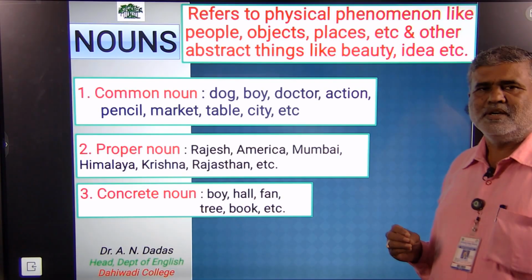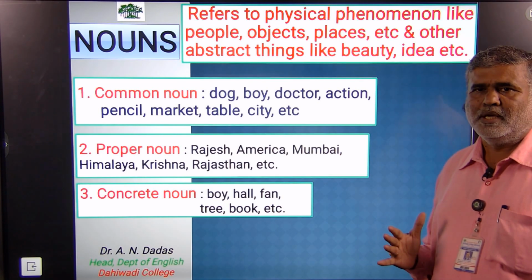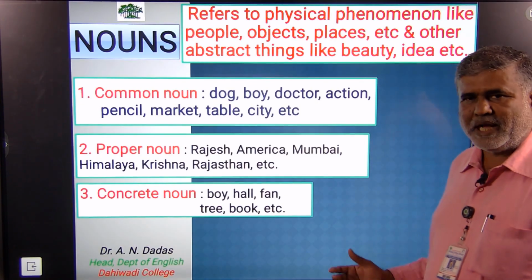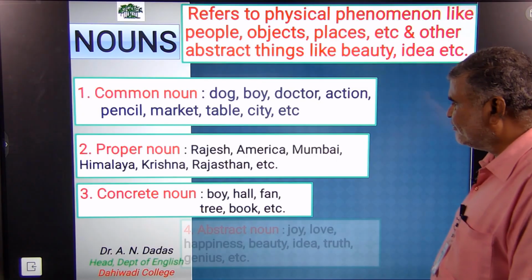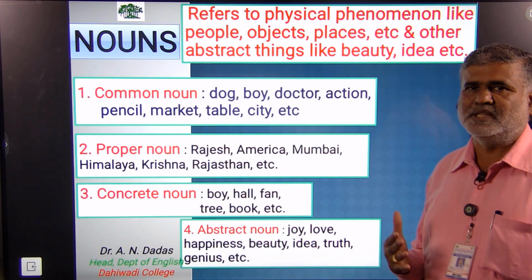Third type is concrete noun. For example, boy, hall, fan, tree, book, etc. The fourth one is abstract noun, as earlier mentioned in the definition.